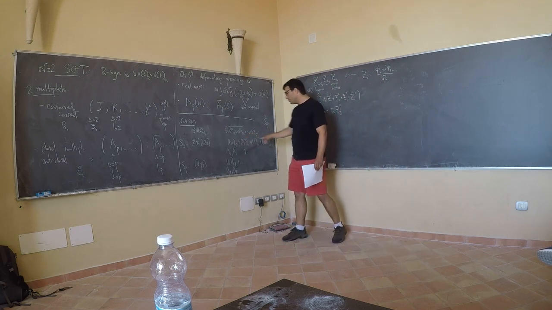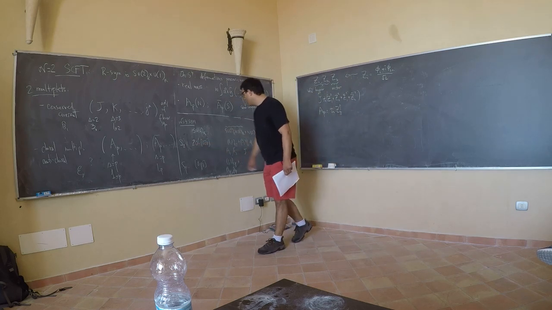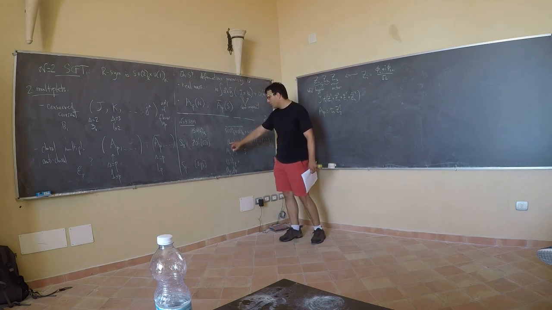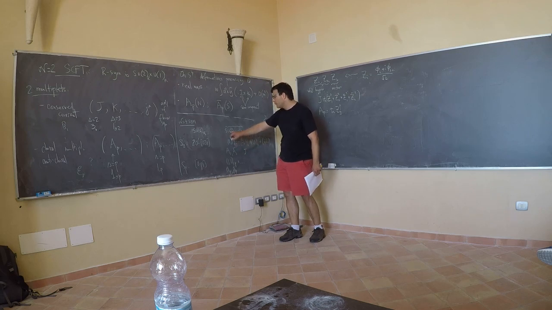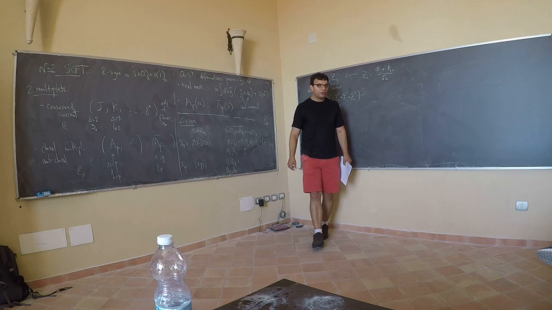So this is the decomposition. Here I wrote in parentheses the dimensions of the representation under the two SU(2)s, and the index is the U(1) R charge.